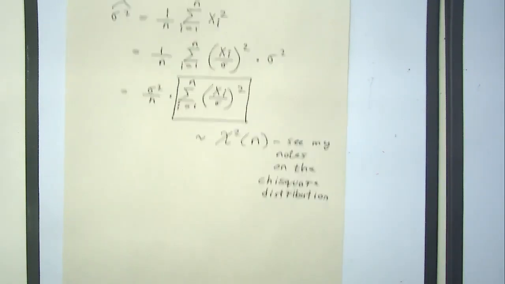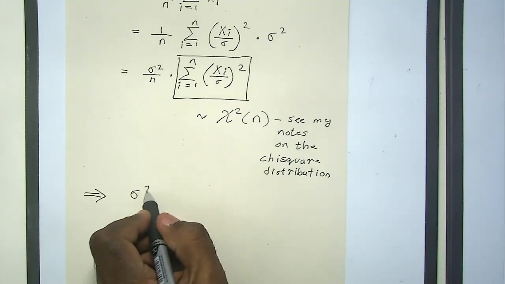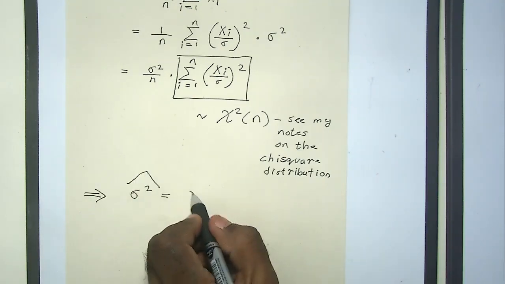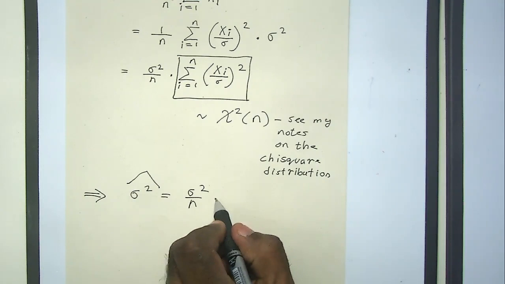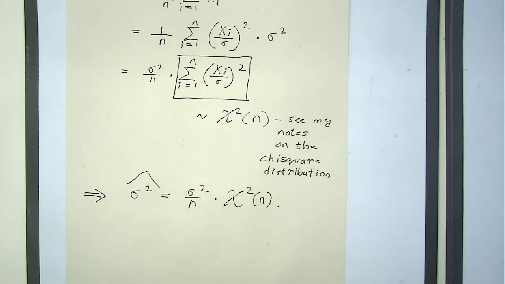Okay. All right. So the conclusion is the following. The conclusion is that sigma hat squared is equal to sigma squared over n multiplied by chi-square n. Right. Okay, guys, any questions on this?